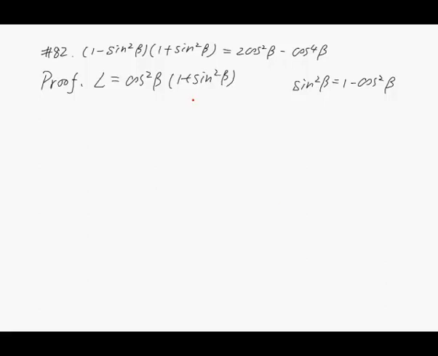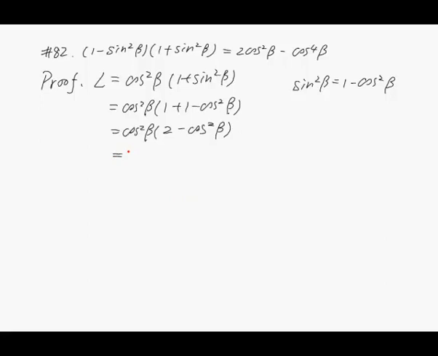Right? So now you get 1 plus 1 minus the cosine square of beta. Then you get cosine square of beta times 2 minus the cosine square of beta.